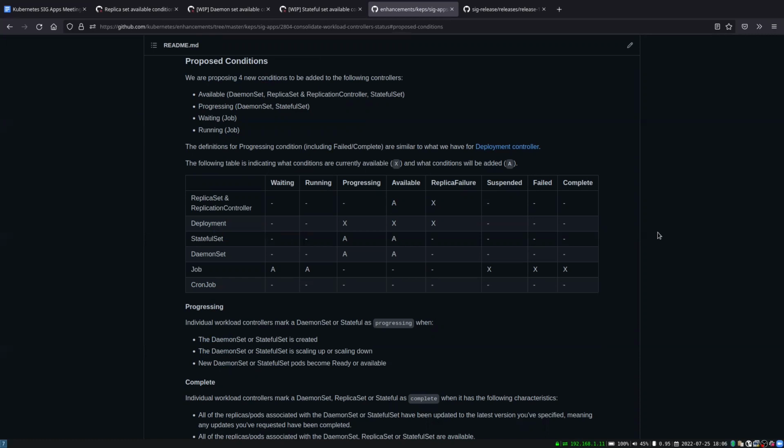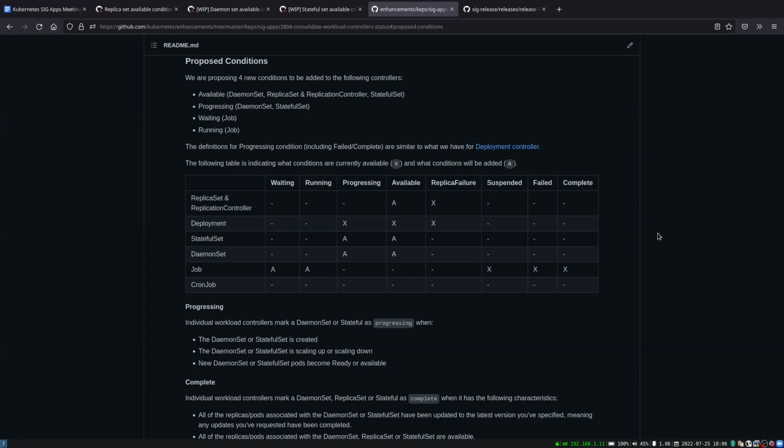So I created the PR for the replica set available condition, and we had also a bit of discussion with Danielle that the available condition, like the meaning of the word, might not be that descriptive for replica sets, since in a general use case, there might be a lot of replicas that are not running.